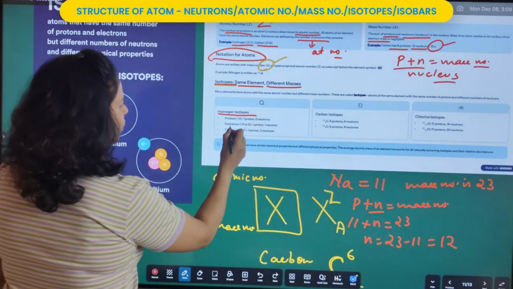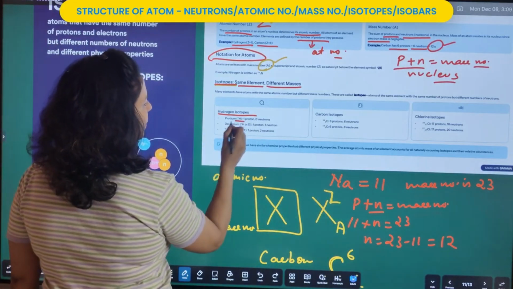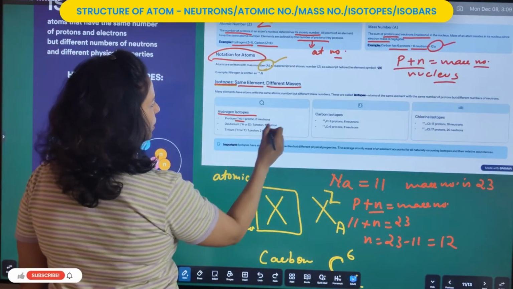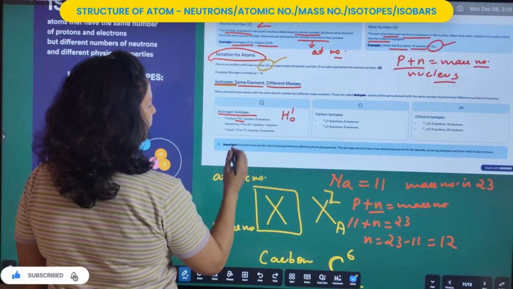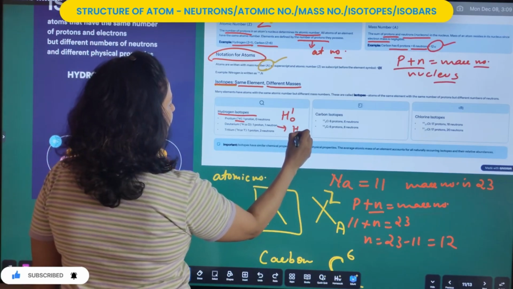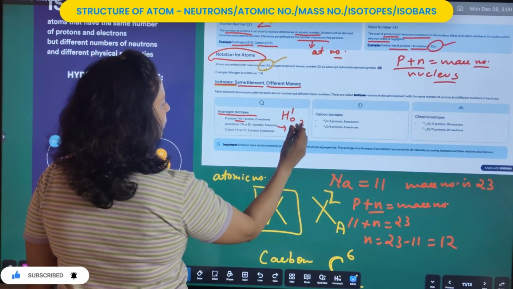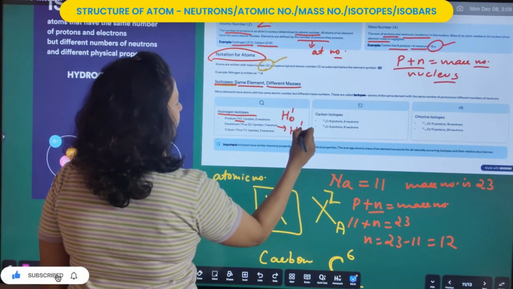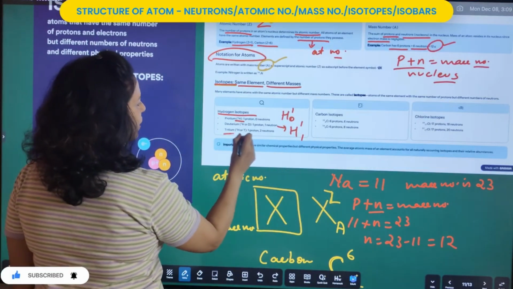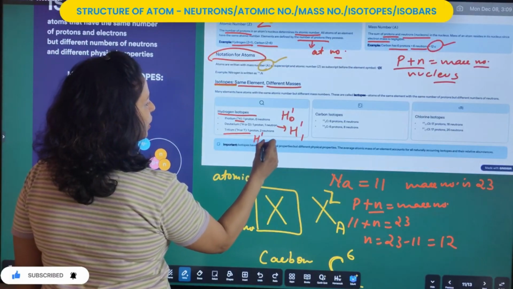Protium has only one proton, that means atomic number is 1, and 0 neutrons. Deuterium has 1 proton and 1 neutron, and tritium has 1 proton and 2 neutrons.